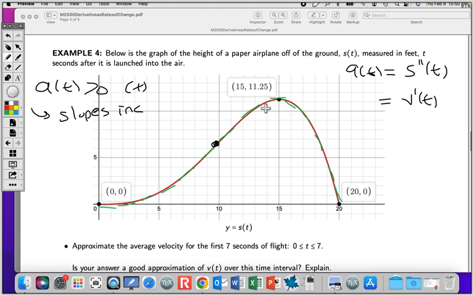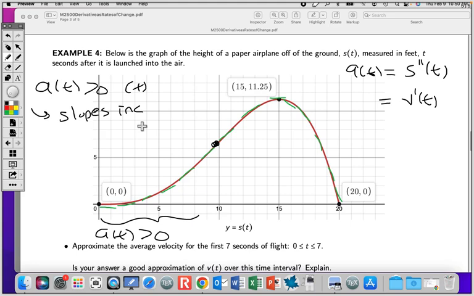Then the slopes decrease, they zero out, and then they go negative. So a of t would be positive in this region. If we wanted to ballpark it, I would say between 0 and 10. It's the rate of change of the slopes. In this case, we have positive slopes getting steeper, so over that interval the acceleration is positive.